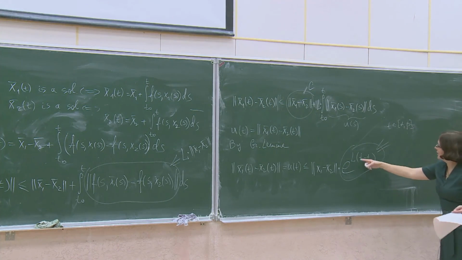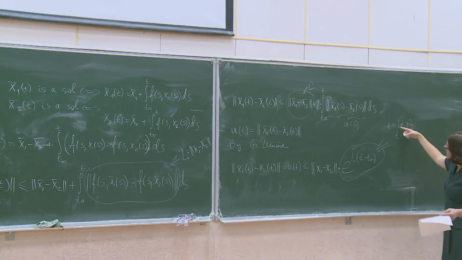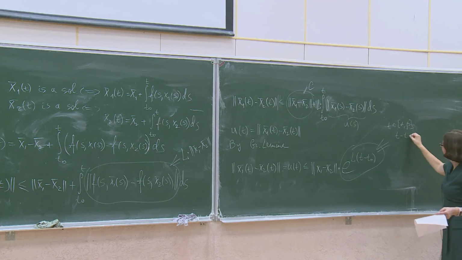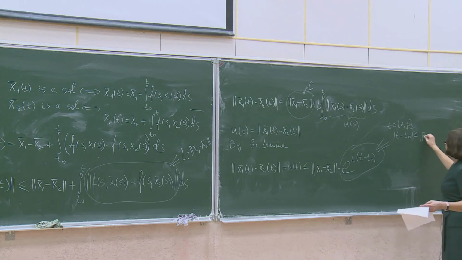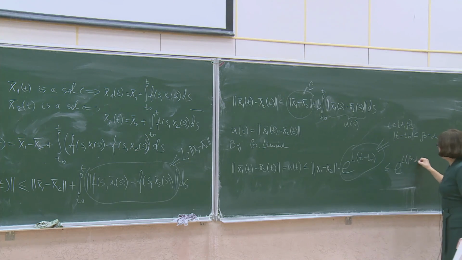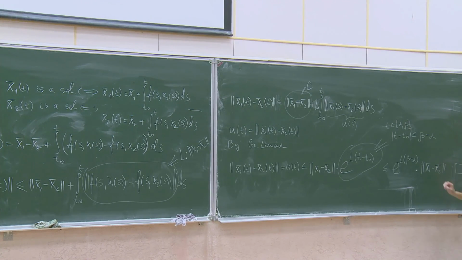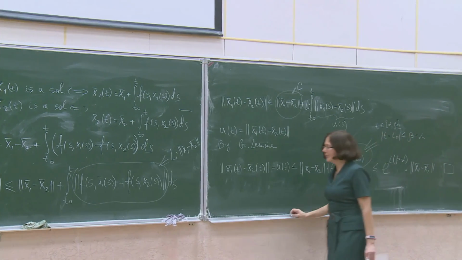But maybe we can say that since t0 is between alpha and beta, then t minus t0 is less than or equal to beta minus alpha. And so this is less than or equal to e to the power L times beta minus alpha times the absolute value of x1 minus x2. So we're done. So this completes the proof.